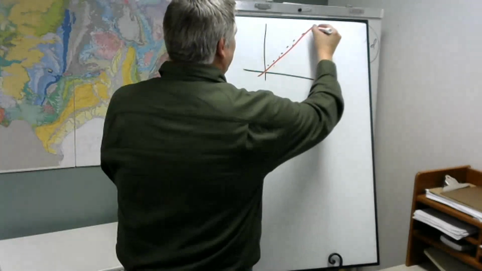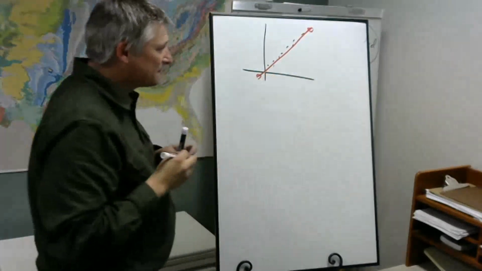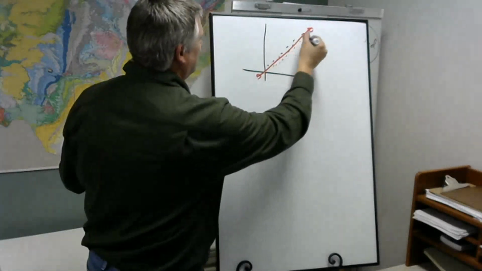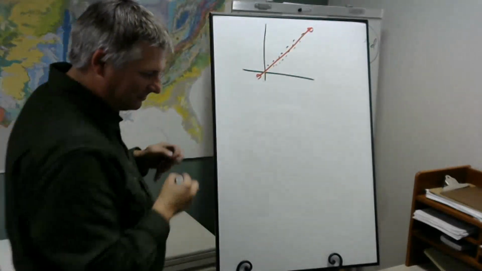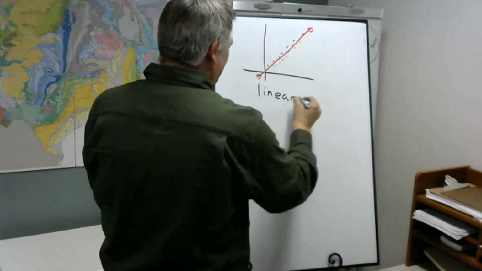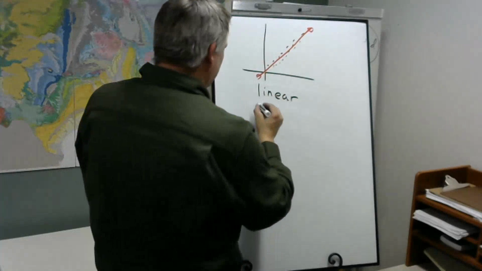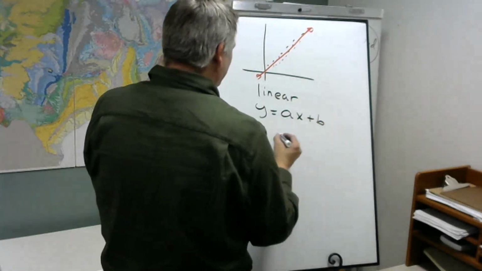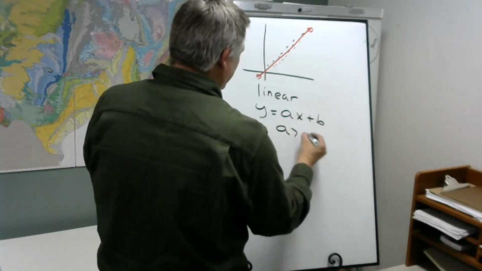The act of fitting a line is called linear regression, and you'll run into this in statistics. So this is linear. And we would use something like y equals ax plus b for a greater than 0.